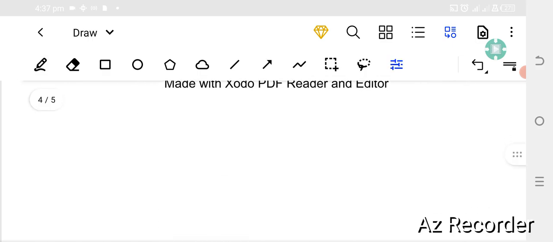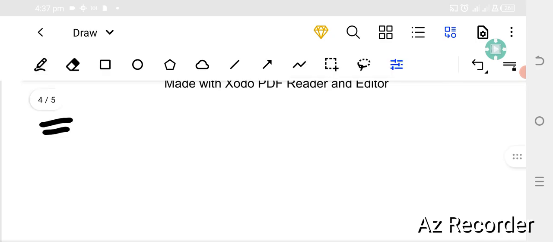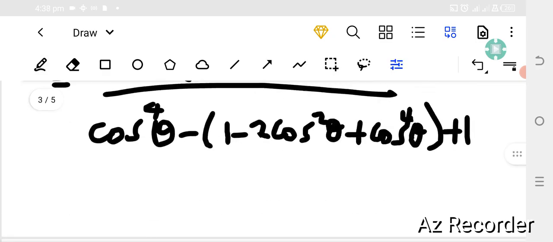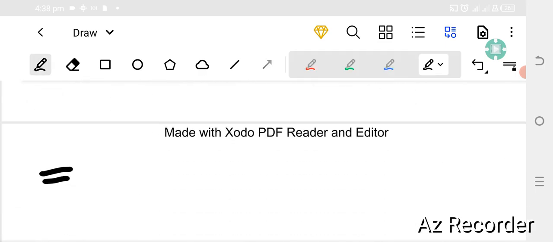Then we go to the next page. We are going to say is equal to what? We're going to say is equal to 2, okay, we have a positive 2.